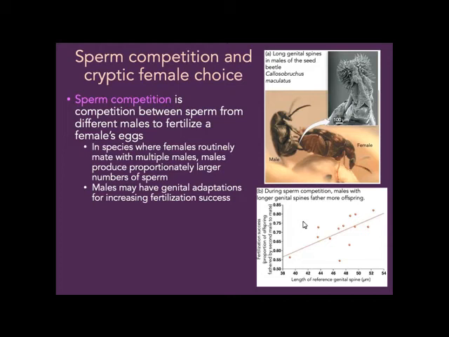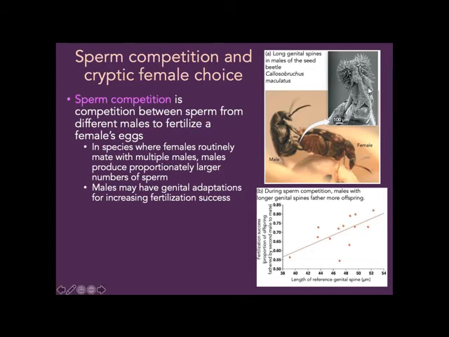And so if you look at species that mate with many males versus species in which females and males mate monogamously, males tend to produce much larger numbers of sperm. And so this is because each male is trying to make the most sperm so that it can outcompete the sperm of other males that have also mated with the same female. You also have males with genital adaptations to increase fertilization success.